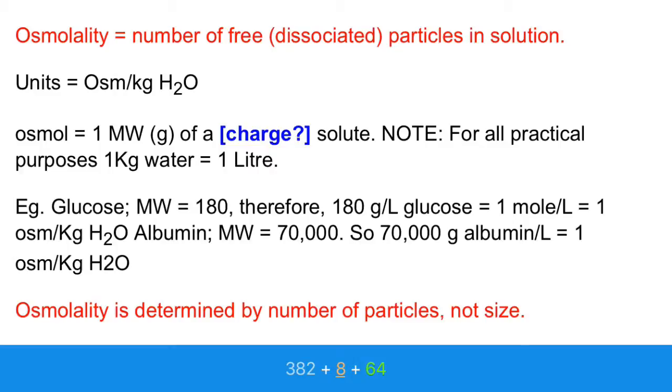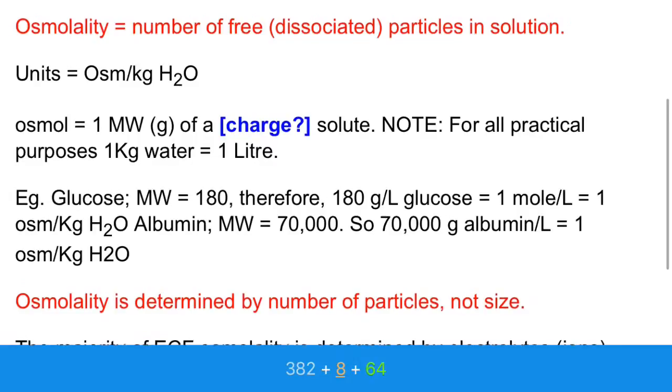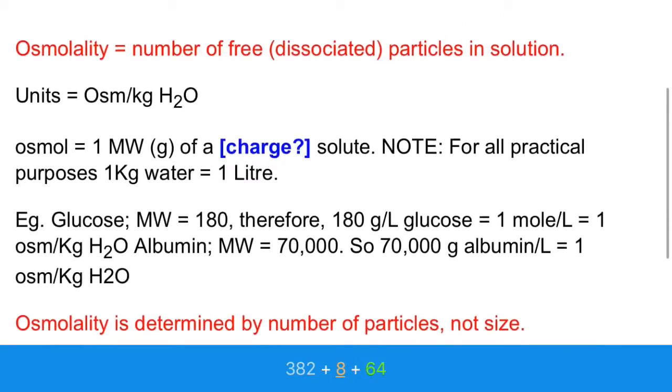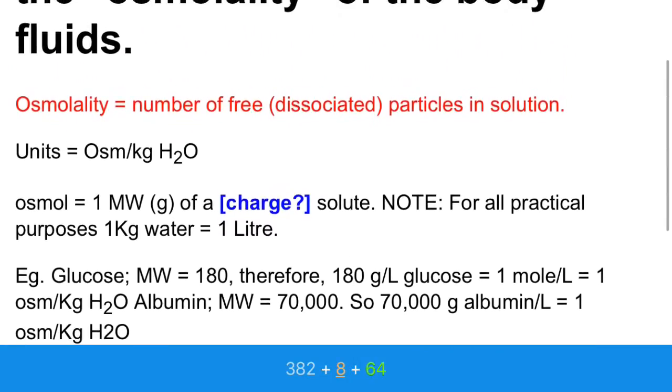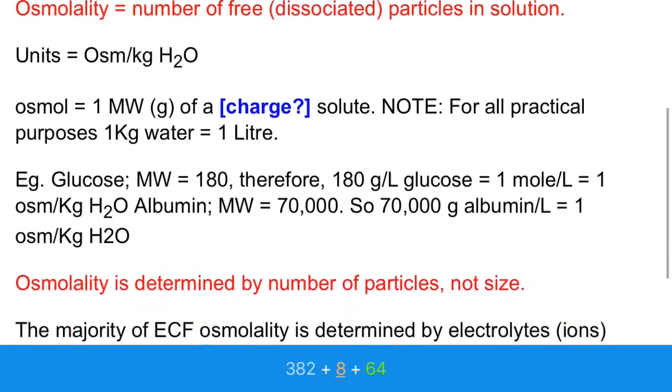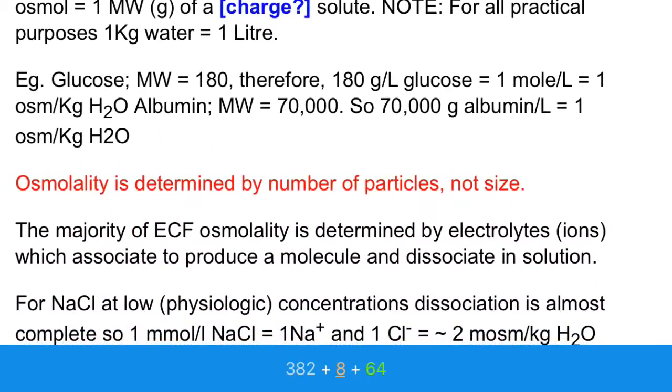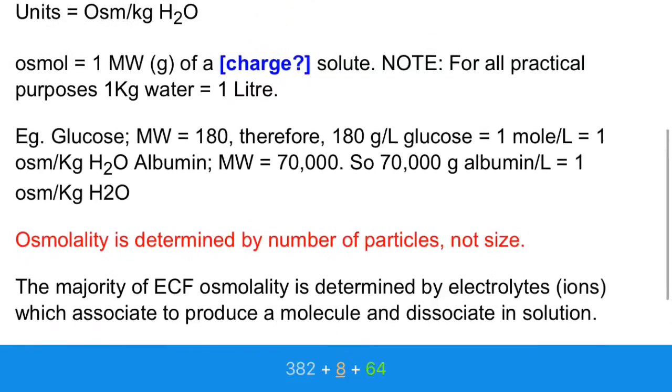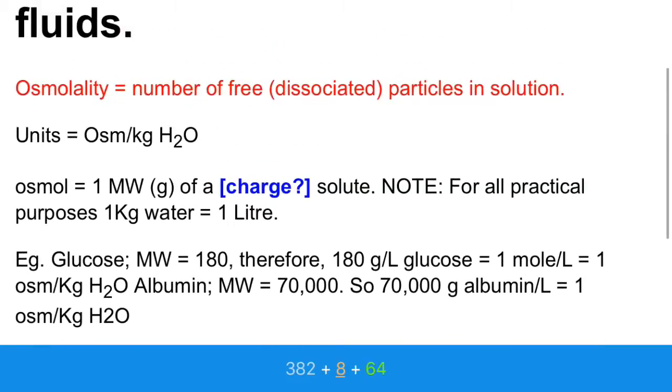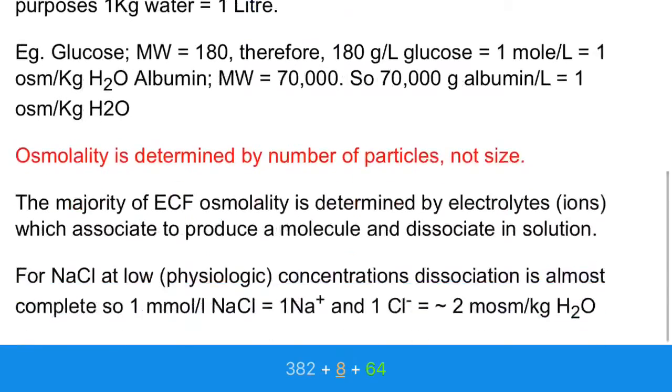Then you have osmoles, and then you have osmolality, which is the number of dissociative particles in solution per kilogram of H2O, versus osmolarity, which is the same thing per volume.